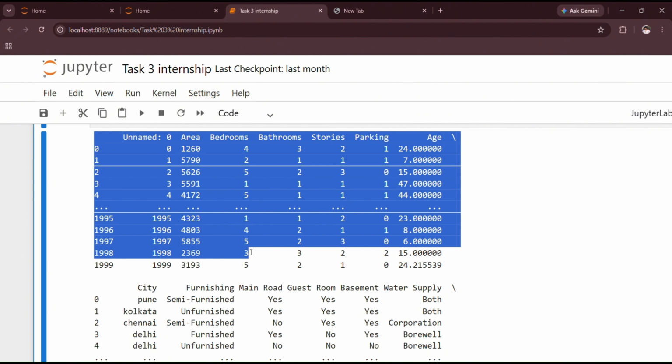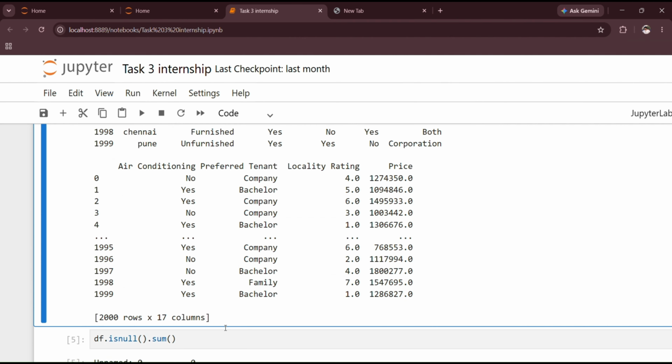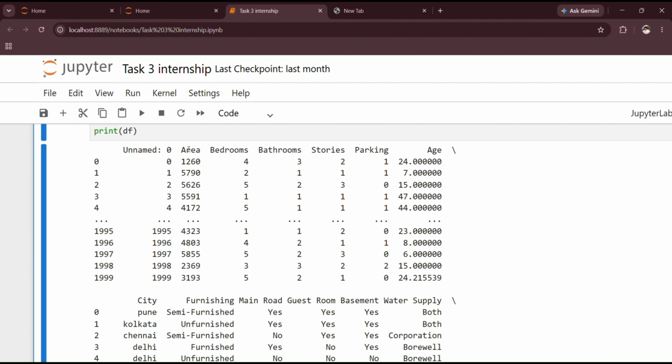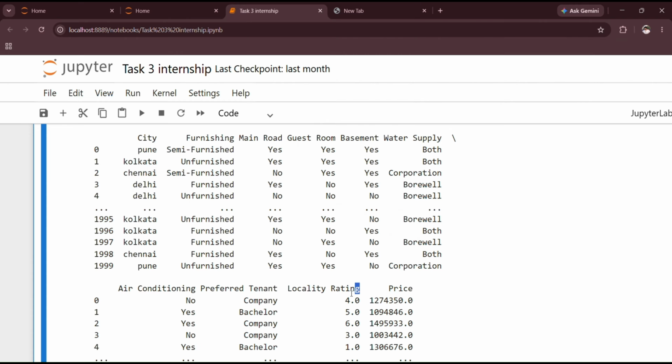Before starting the analysis, let's first understand our dataset. This dataset contains 2000 house records, where each row represents a different house and each column represents one of its features. We have numerical columns like area, bedrooms, bathrooms, stories, parking, age, locality rating, and price.